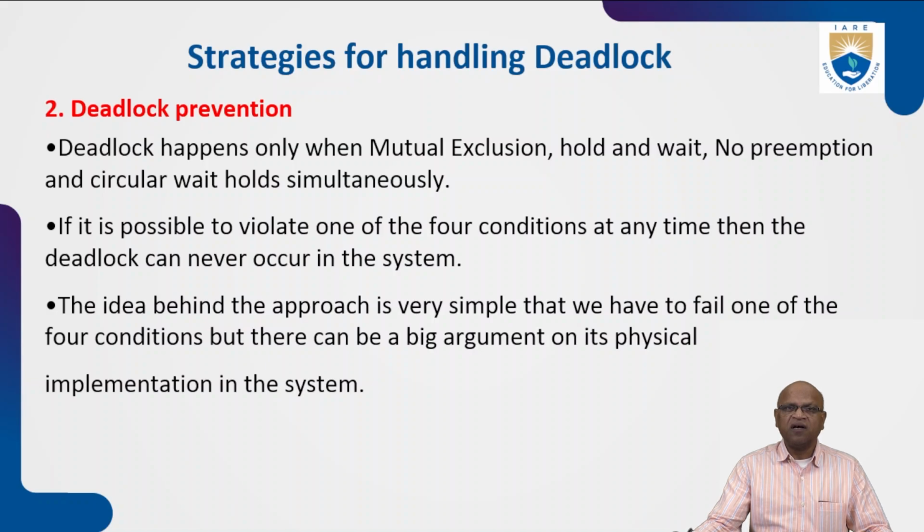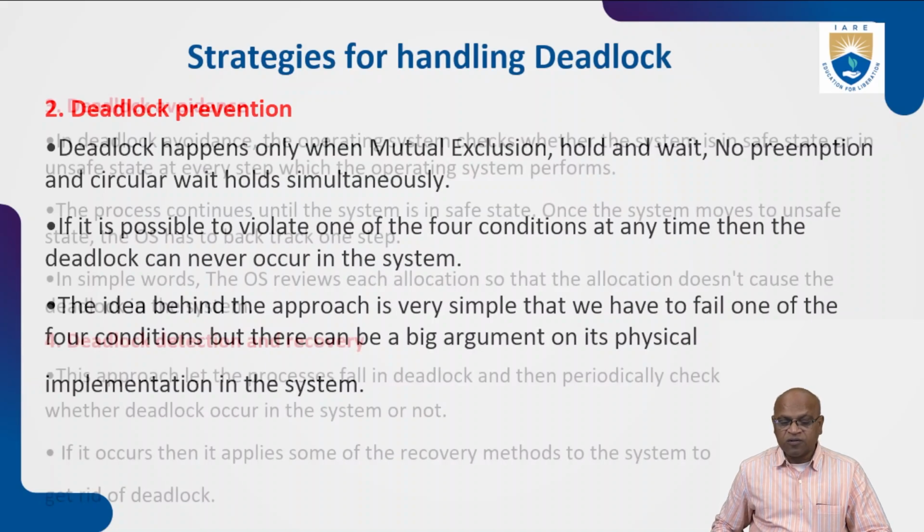So if it is possible to violate one of the four conditions at any time, then the deadlock can never occur in the system. The idea behind the approach is very simple, that we have to fail one of the four conditions, but there can be a big argument about its physical implementation in the system. So if any one of the four conditions breaks, then we can prevent the deadlock.